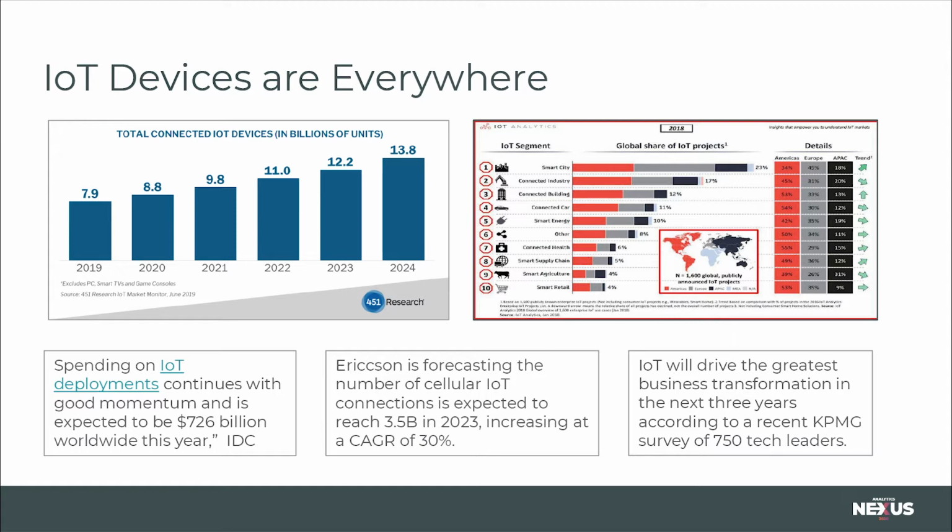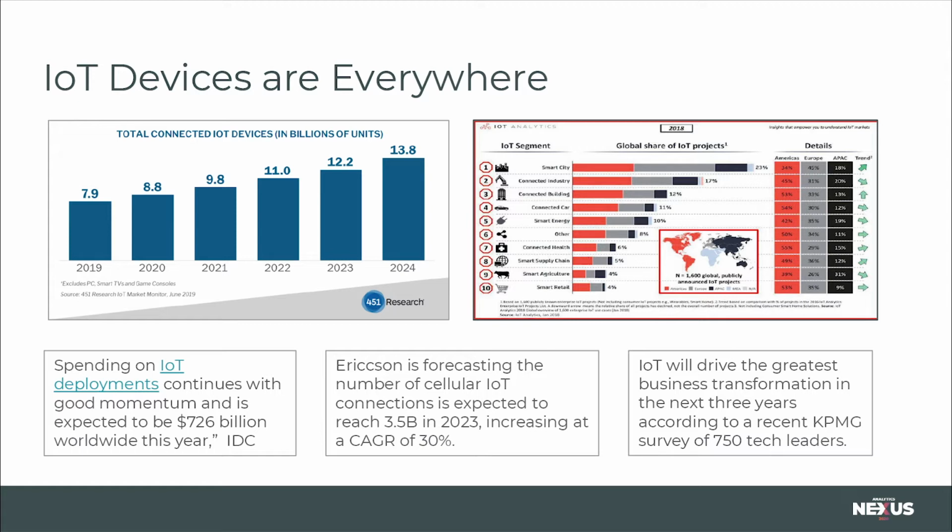A lot of those IoT devices are using cellular connections. They're connected devices, not standalone devices, and that's really important too when it comes to getting data off them and doing analytics. And I know that every industry and every analyst has these kinds of predictions, but I think a lot of people are in agreement that IoT is going to be an incredibly important part of the analytics and business landscape in the next few years.